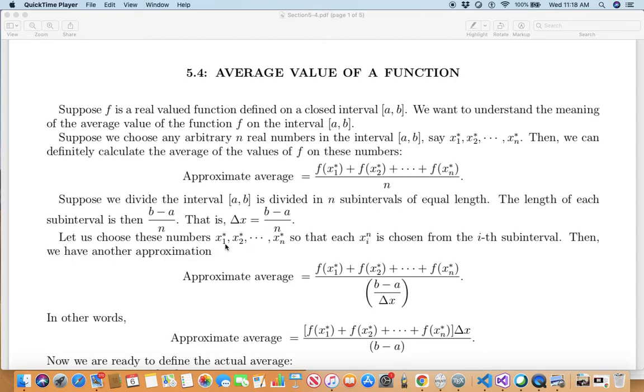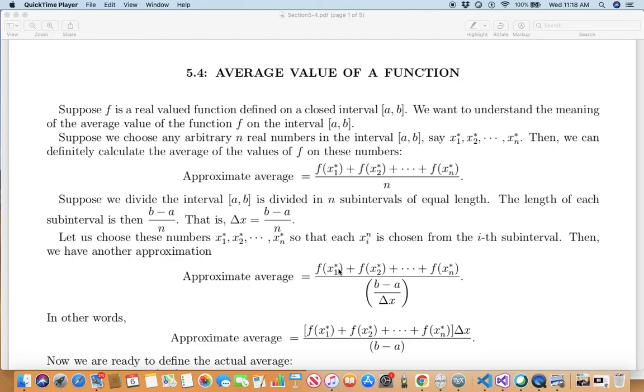Now choose these numbers x1 through xn so that each xi star is from the ith subinterval. Make sure x1 star is in the first subinterval, x2 star is in the second subinterval, and so on. Now what is the same approximate average?